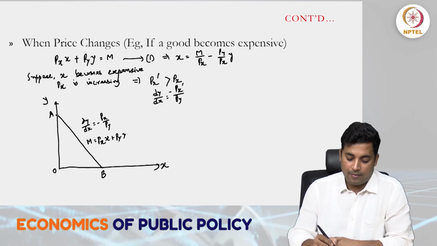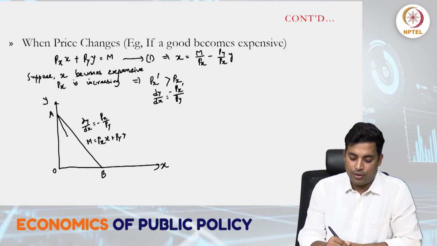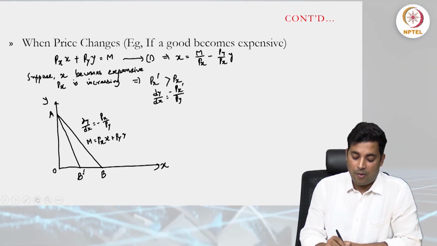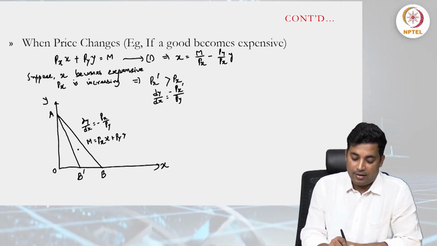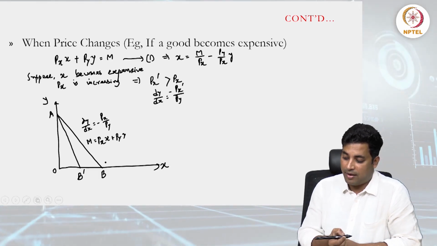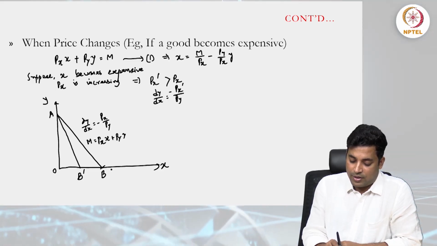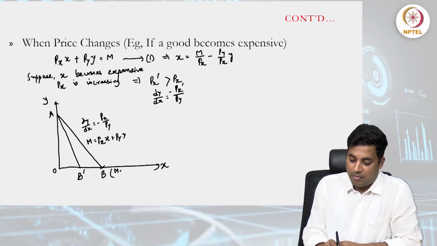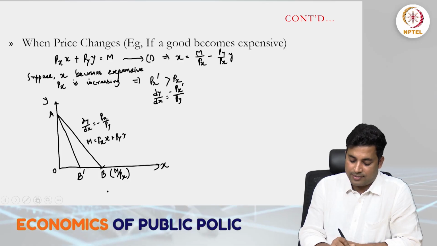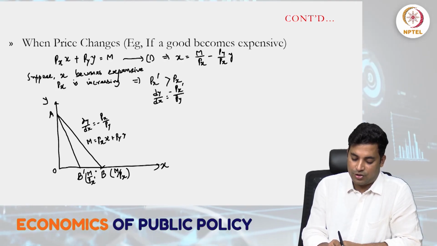Here it will become more stiff, like say b dash, because value of x bar is increasing, and here on the corner solution here m by px, and here m by px dash.